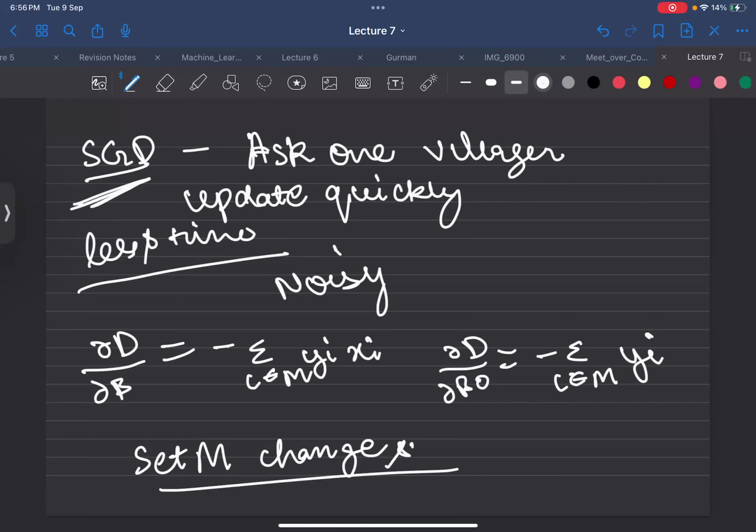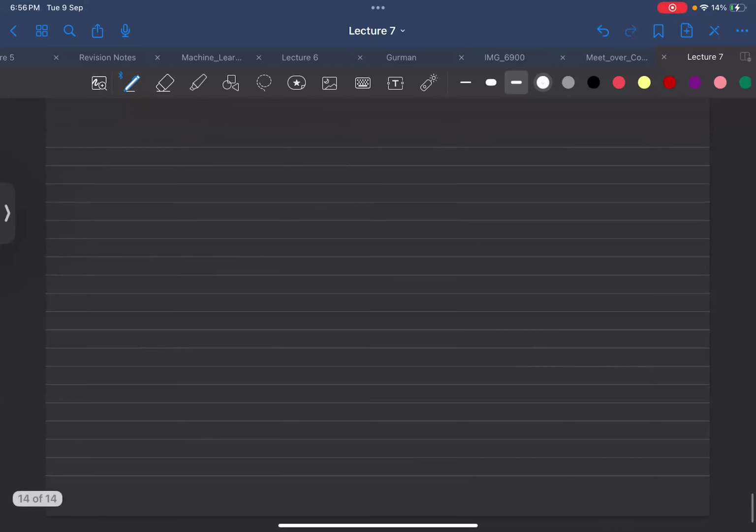So GD is what I'm doing: I'm computing the gradient of all misclassified points. Now I'll write it in technical words.